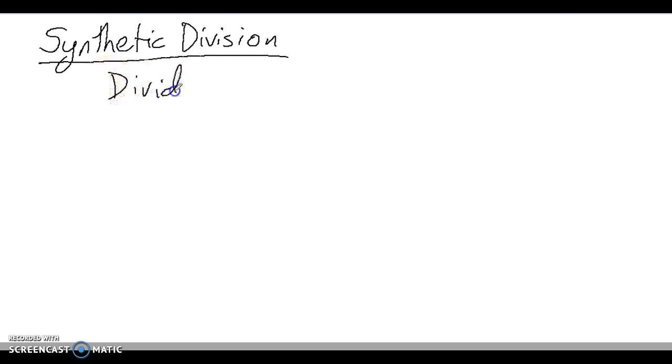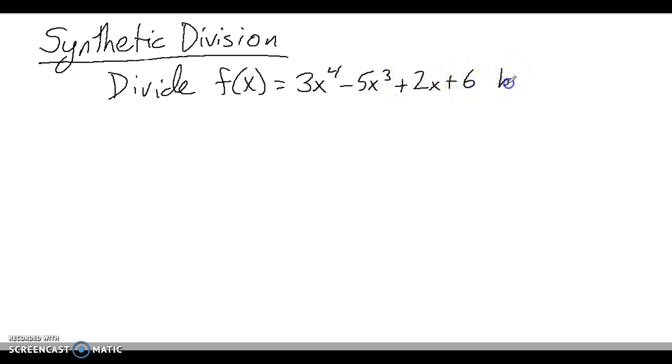Let's divide f of x equals 3x to the fourth minus 5x cubed plus 2x plus 6 by x minus 3.